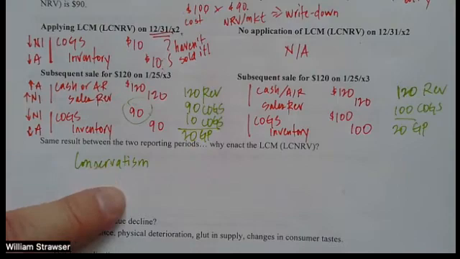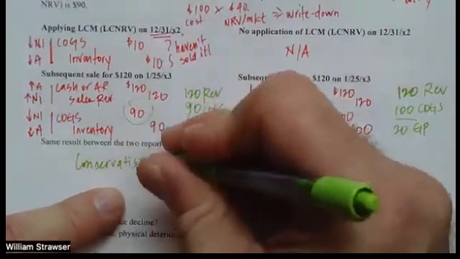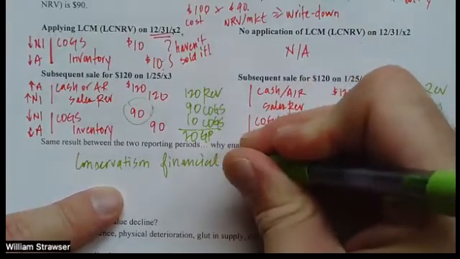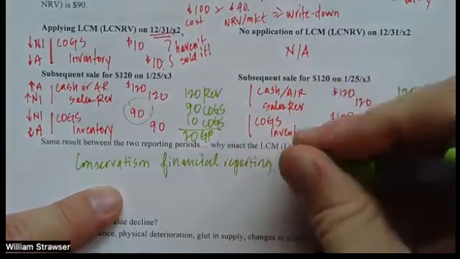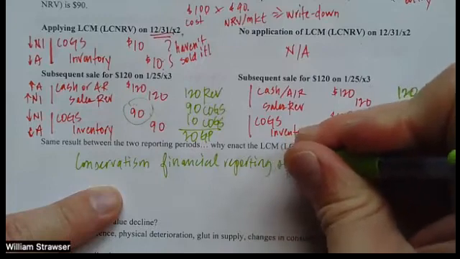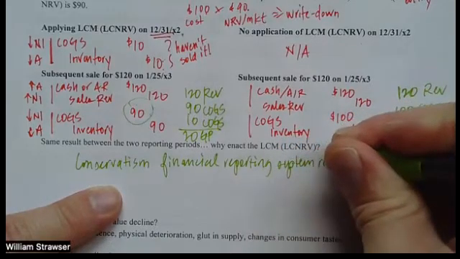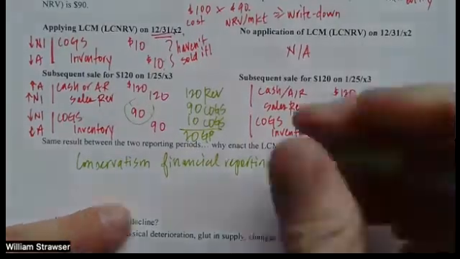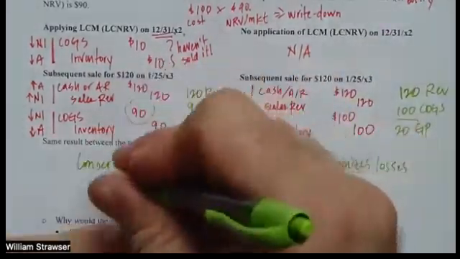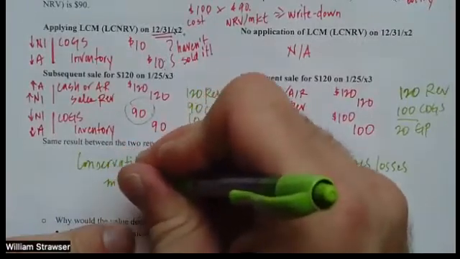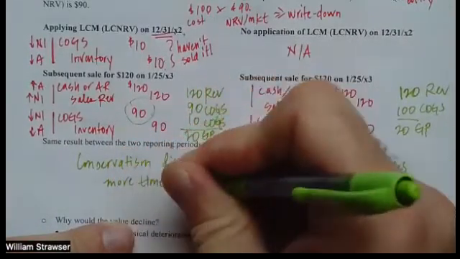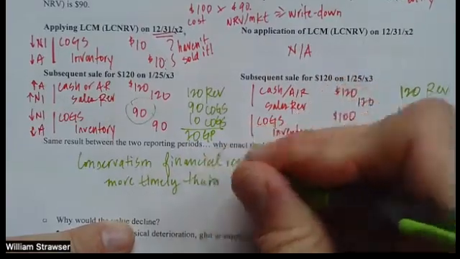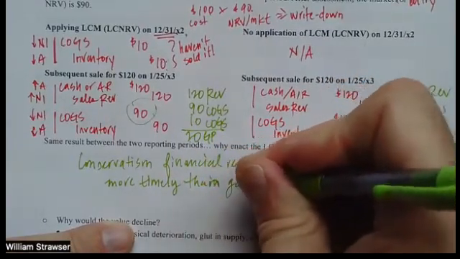Conservatism also means that the financial reporting system will recognize losses more timely than gains.